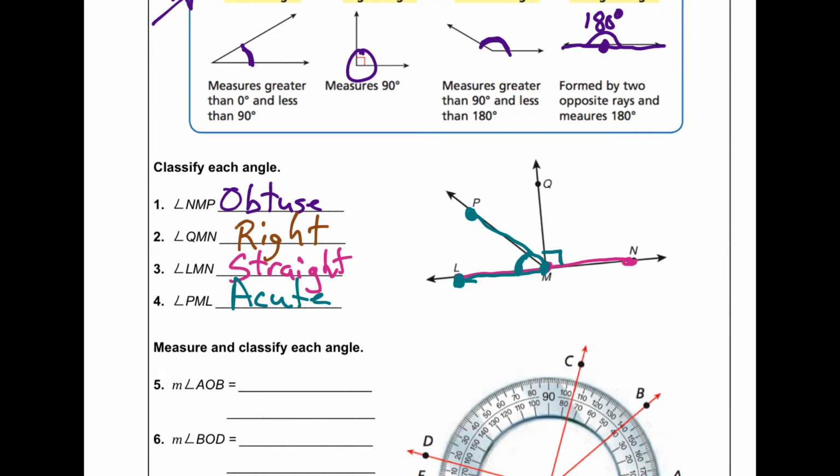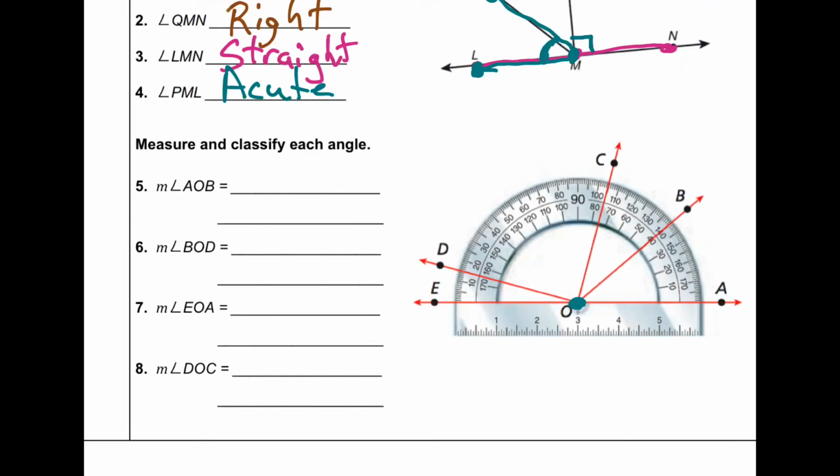If we want to look over at how we know that we know stuff and measure the angles, we can use a protractor to do that. All right, so here, if we want to measure and classify these angles, let's start with angle AOB. Once again, I start with A, I go to O, and then I go to B. And we're going to start at 0, which means we're going to start at the bottom numbers.